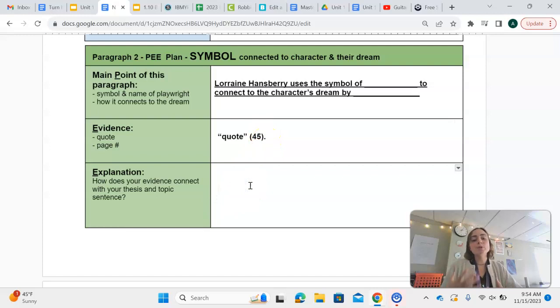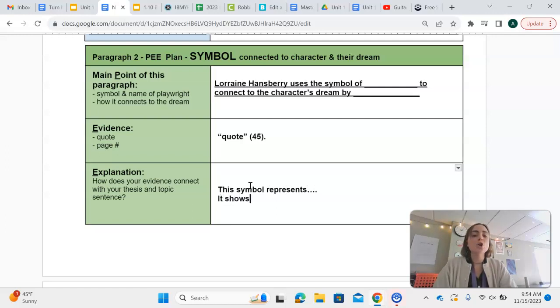Then you're going to do the same thing where you explain how your quote connects to your main point. So this is where you're really going to get in depth about what this symbol represents for the character. So we could say something like, this symbol represents blank. It shows blank about their dream. These are sentences that you could use in your explanation.